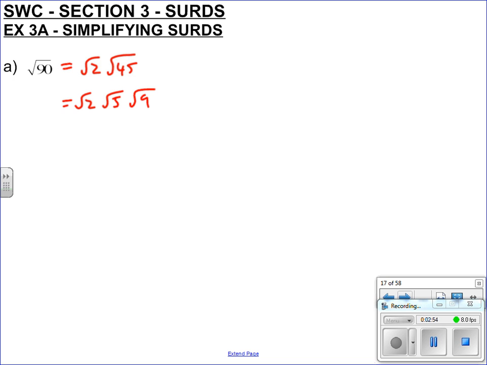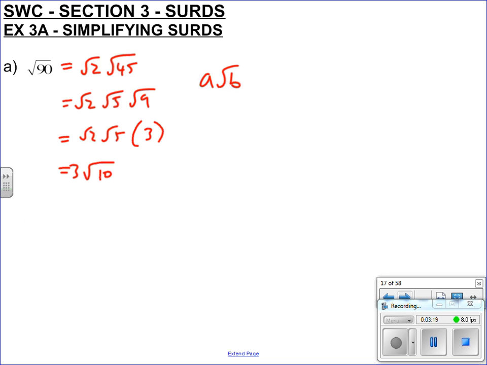But remember, it's root 5 times root 9, okay? And root 9 is the same as 3, isn't it? So actually, the root 2 and the root 5, if we're trying to put this in the form a root b, root 2 can't be broken down and root 5 can't be broken down. So that's the same as root 10, do you see? So that's 3 lots of root 10.